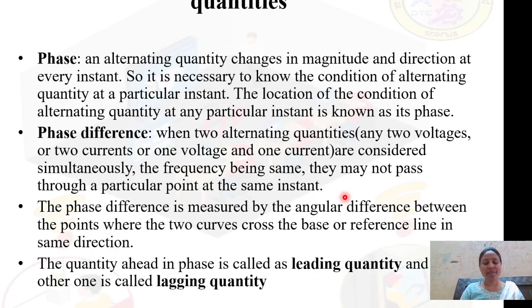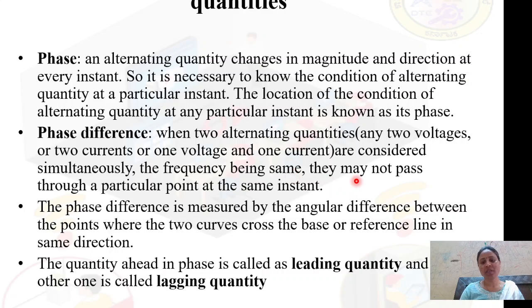That is, one quantity may pass the origin or zero value or the reference value at some time interval, and the other quantity may cross the zero or reference value at some other time interval.